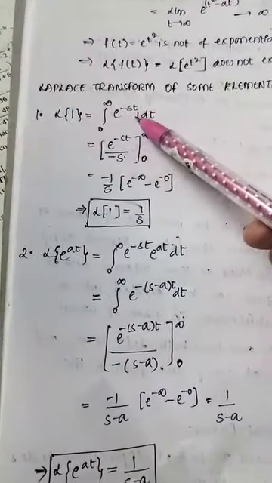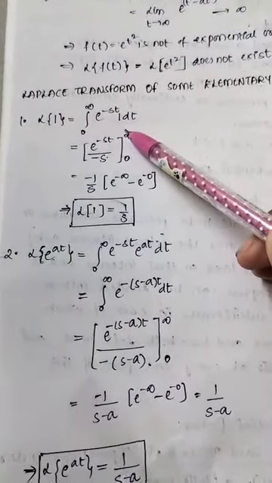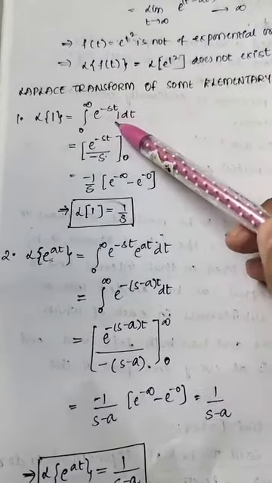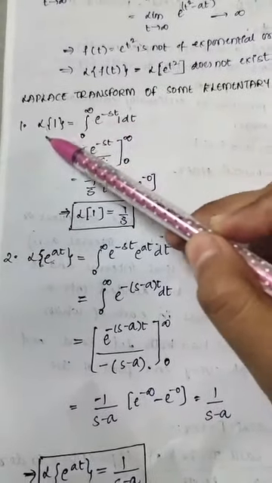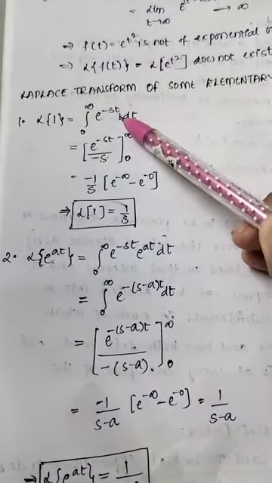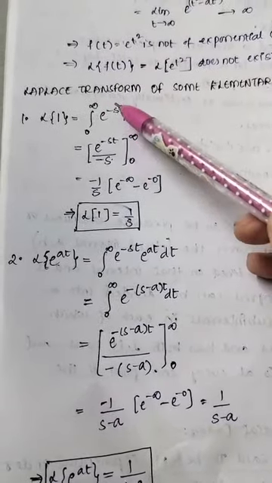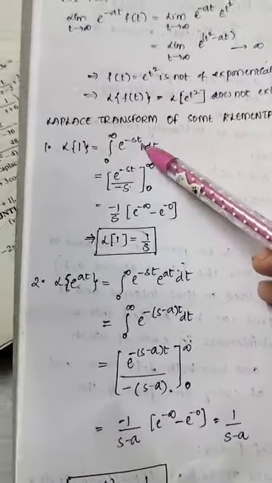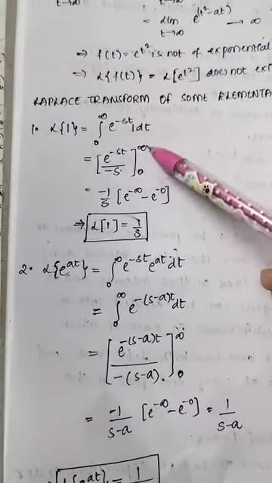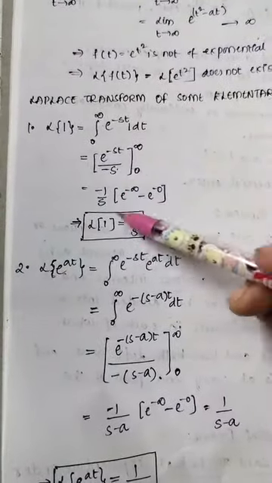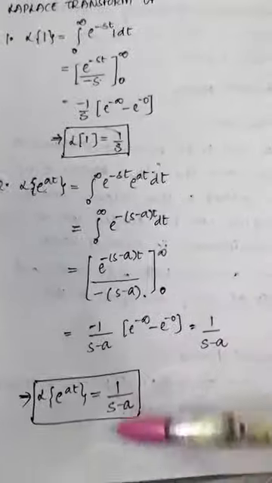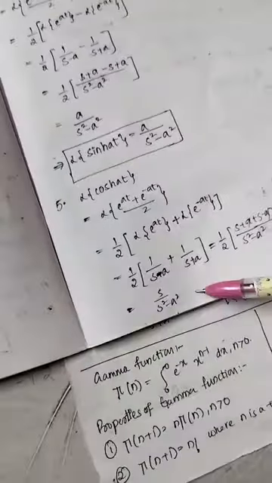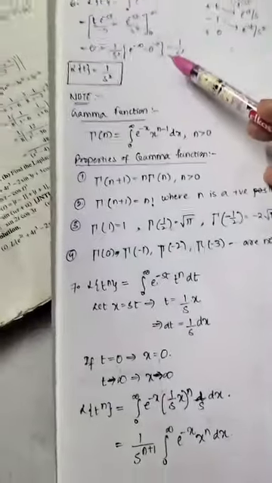Laplace of 1, using the general form, so 1 here. Then we know the integral of e power ax, so we are applying this formula. Then we get minus, like that only. We have many formulas like that, so I think these are not so important.